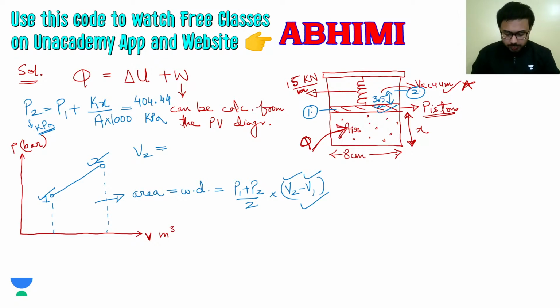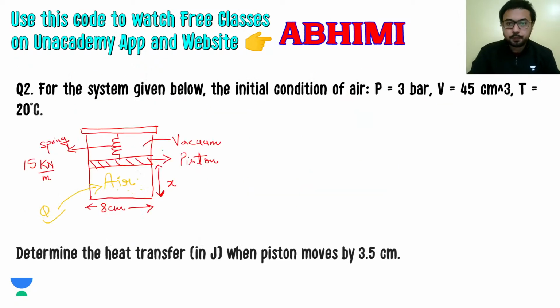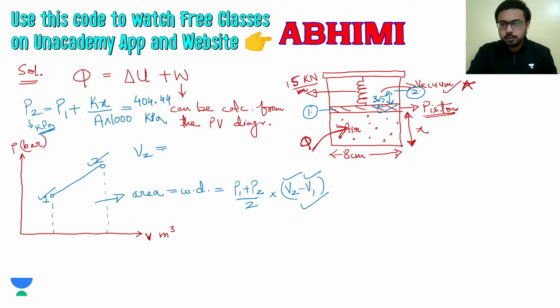So pi into 8 square divided by 4 into the 3.5 value, so it is coming out as 176, and 45 is the value of our V1. So V2 is coming out as 176 plus 45, so 221 centimeter cube.